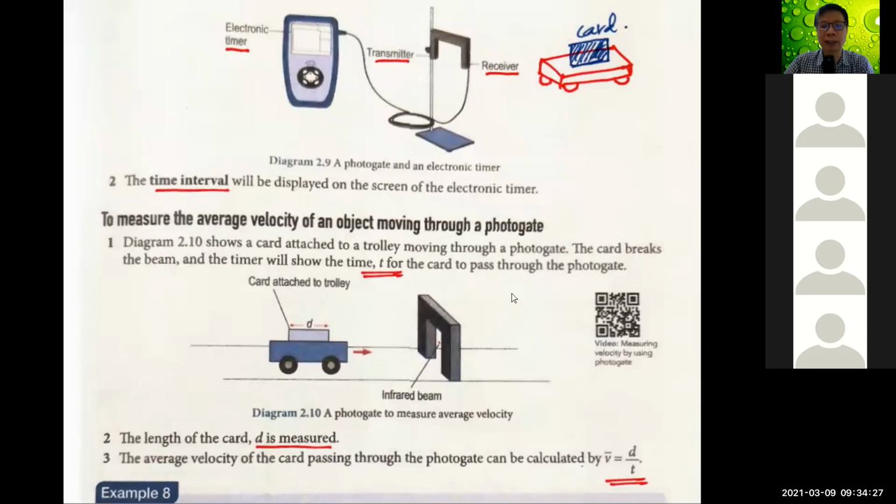The length of the card, d, is measured, together with the time recorded by the timer. The velocity you can calculate straight away: distance divided by time. So initial velocity and final velocity can be calculated like that, taking the distance of the cardboard which passes through the photogate and the time recorded by the electronic timer.